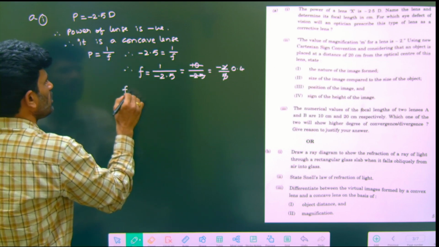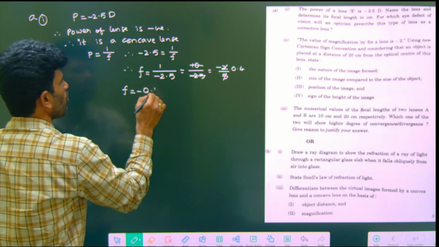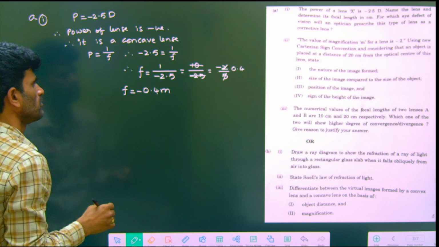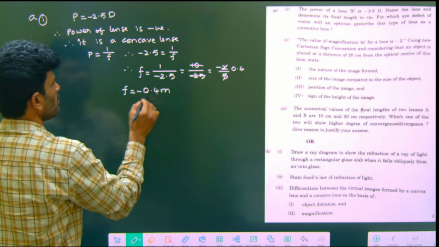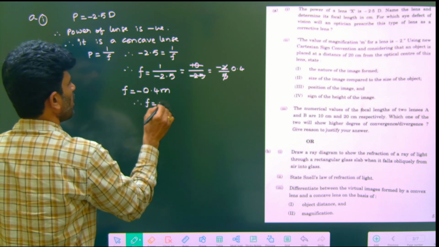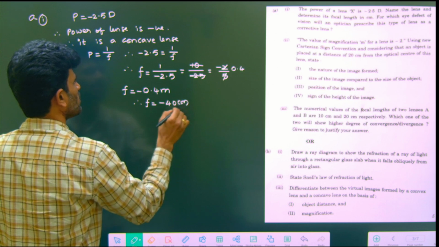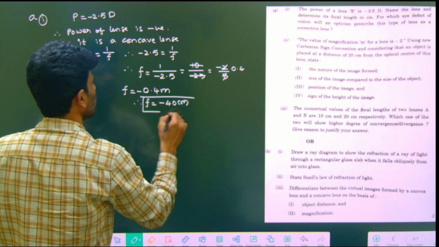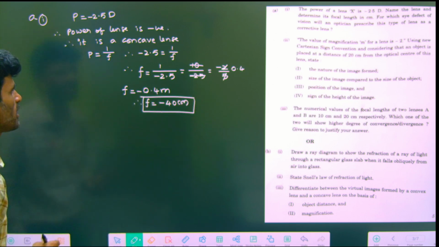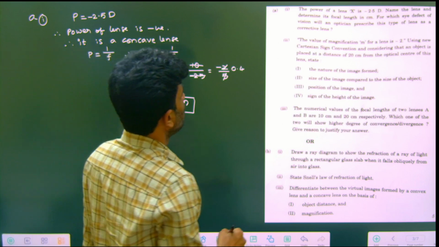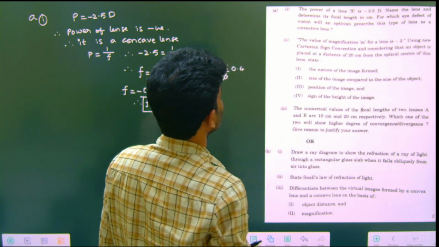So f is minus 0.4 meters, which can also be written as f is equal to minus 40 centimeters. So the focal length is 40 centimeters, and it is a concave lens. Focal length also we got.